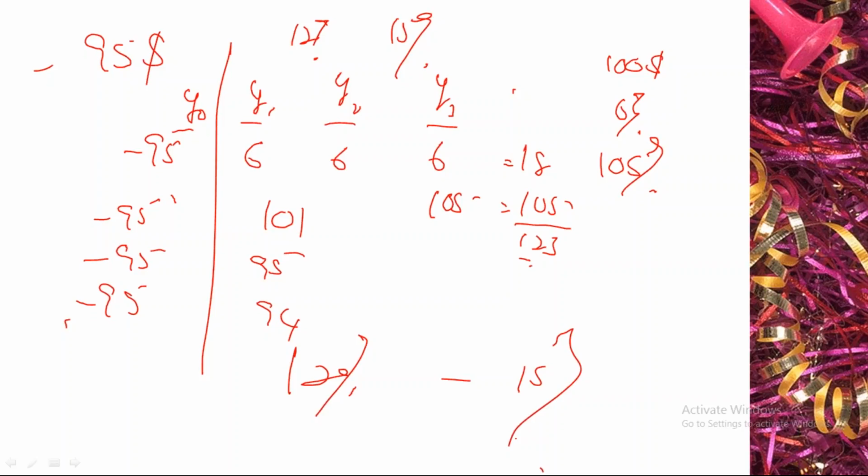So between 12 and 15, there is a particular rate, maybe let's assume it is 14%. At 12 you are happy, but at 15 you are not. So the minimum rate that you will expect is 14%.